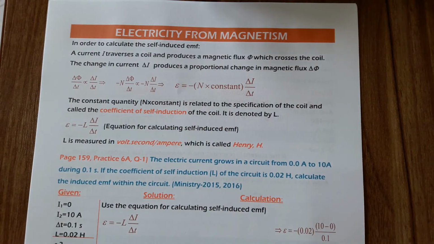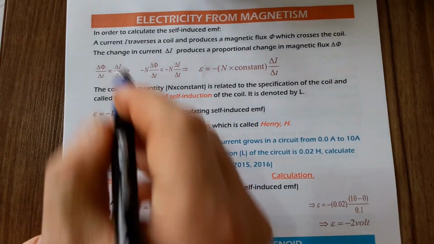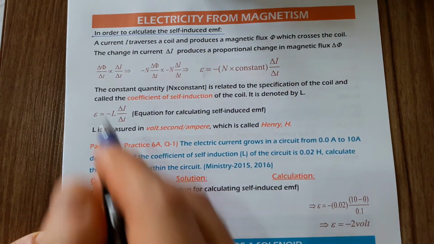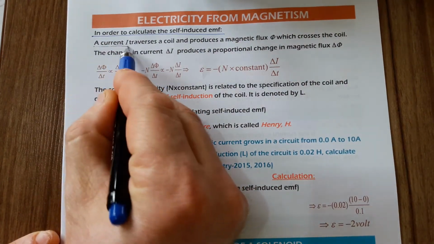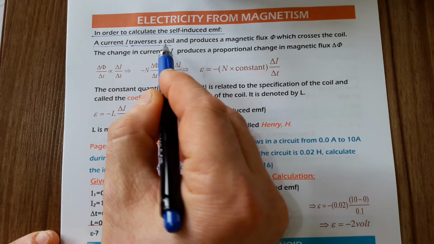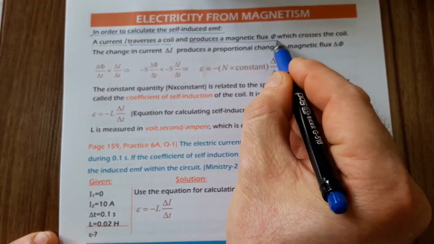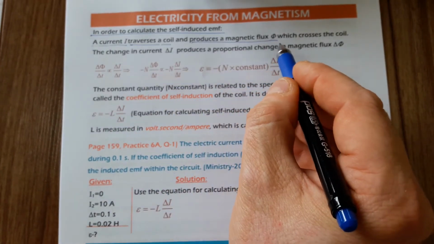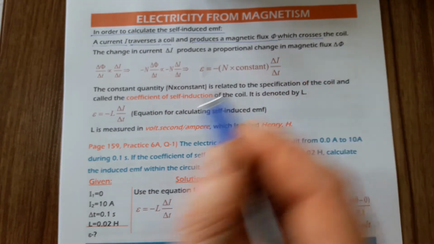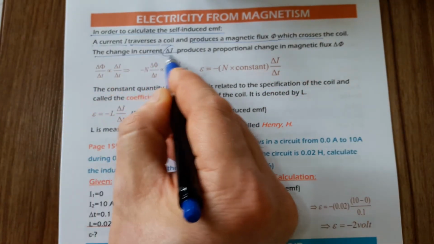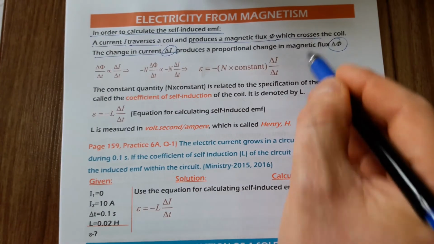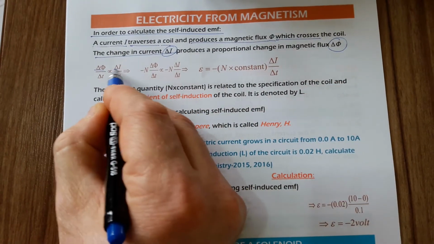Now we are going to get the equation for self-induction. In order to calculate the self-induced EMF, we are going to assume that a current I moves in a coil and produces a magnetic flux phi, because there is a current, there is a magnetic field, there is a magnetic flux which crosses the coil. The change in current, delta I, produces a proportional change in flux, delta phi. Delta phi and delta I are proportional to each other.